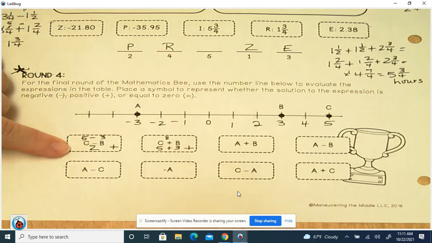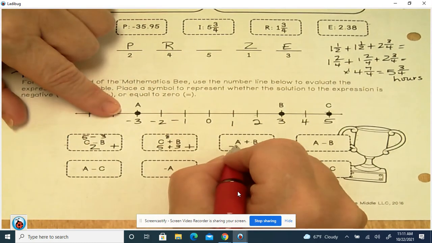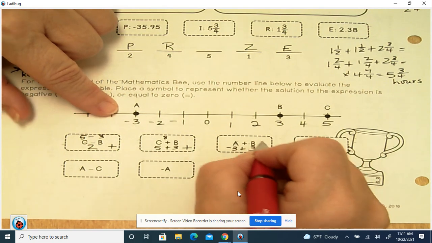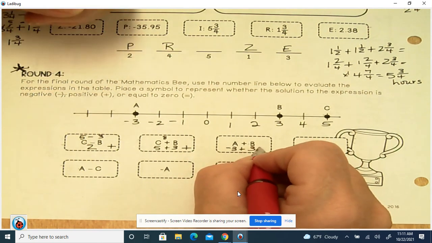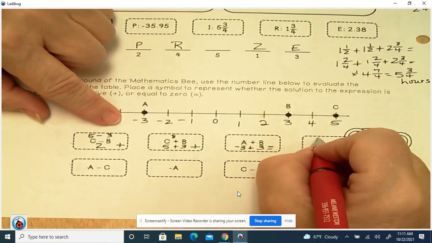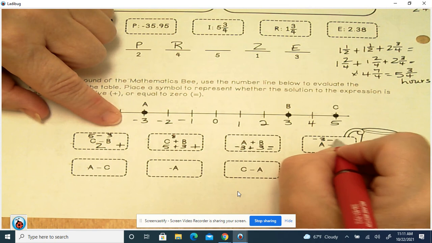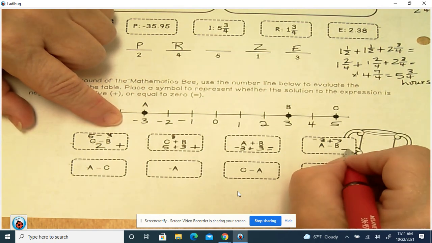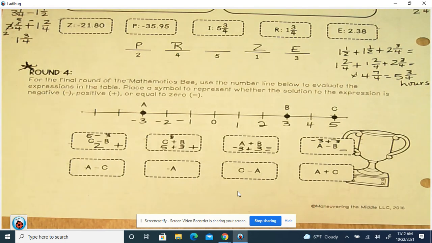So that's positive. A -3 plus 3 is 0. So that's equal to 0. Then we have a -3 minus 3. That's plus a negative. So that answer is going to be negative.